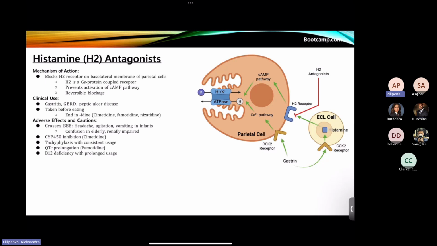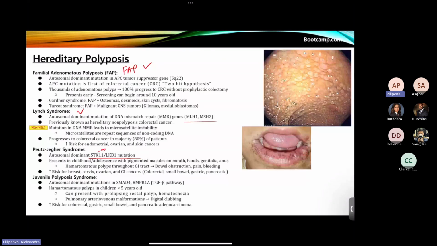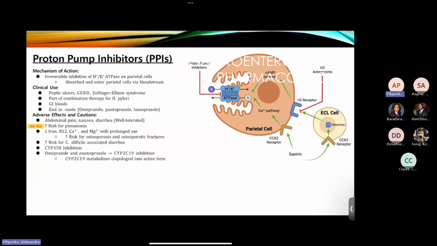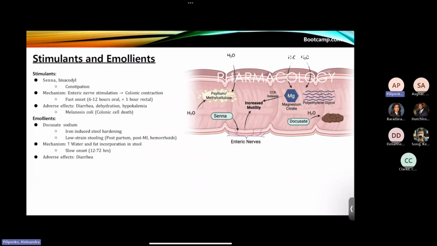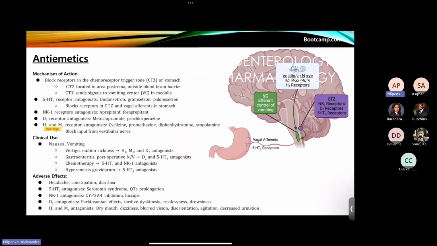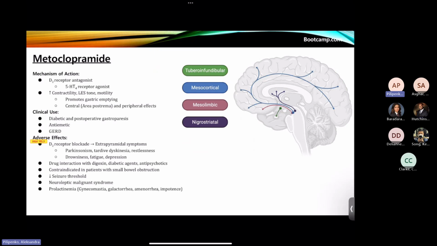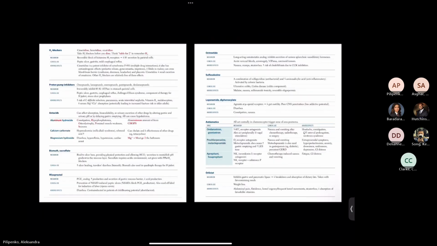I think this is pretty much an overview of all the diseases. And if Sunny wants to take over for the pharm, I also included in my PowerPoint all the drugs for different diseases here, and at the end, a summary from First Aid.